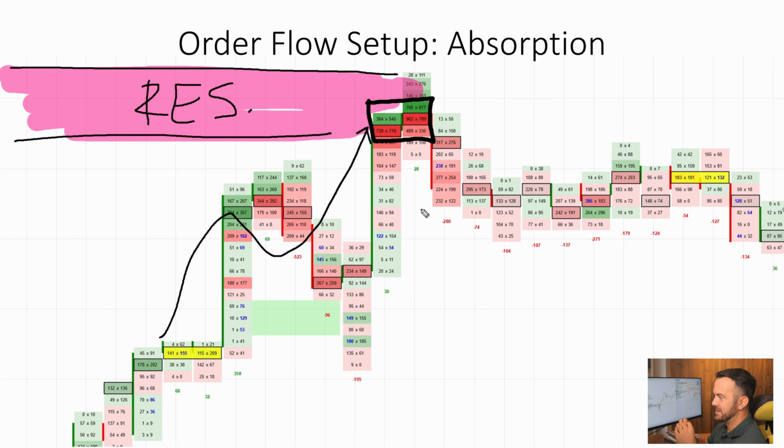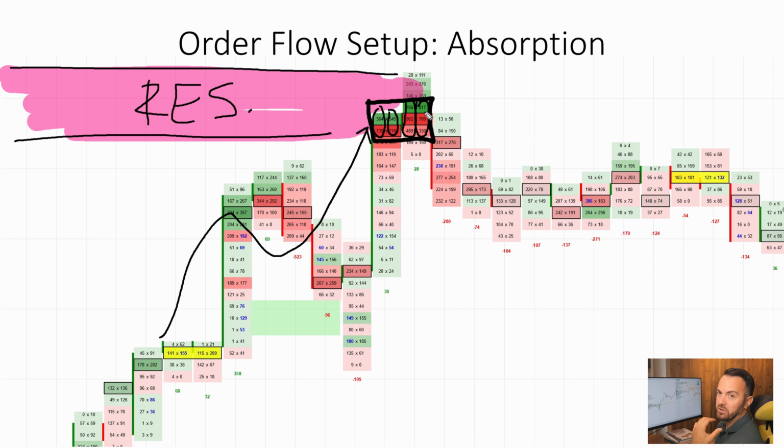Now it doesn't need to be at one volume node or in one cell in the footprint. It could be spread across multiple cells. Actually, it's more often like this, spread over multiple cells. But if you spot unusually huge volumes both on bid and ask, here, also here and here, around the support or resistance zone, then it is the absorption, right?